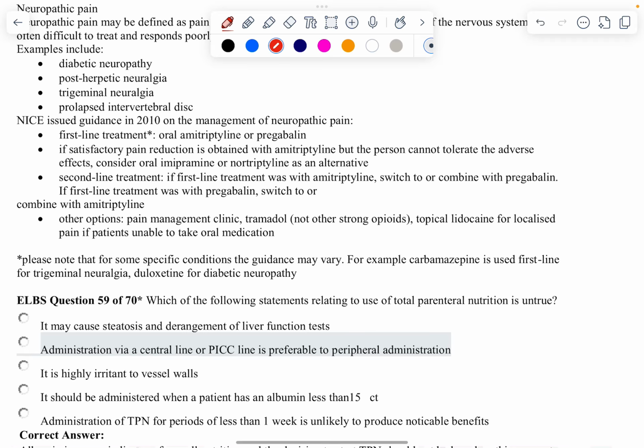Which of the following is not a complication of total parenteral nutrition? It may be caused by steroids and result in abnormal liver function tests. Steatosis.